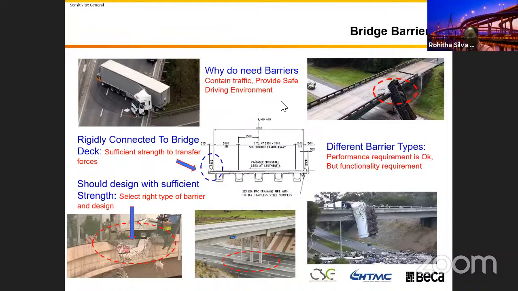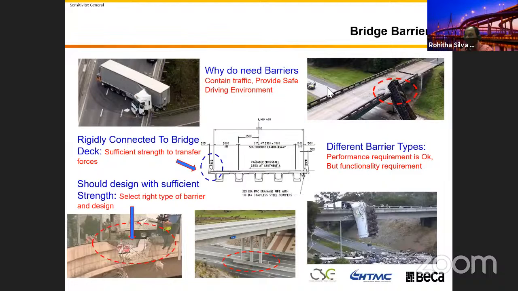Because of that, the purpose of the bridge is to create a safe environment for our people. You can see the barrier design in the bridge is one of the very important things.